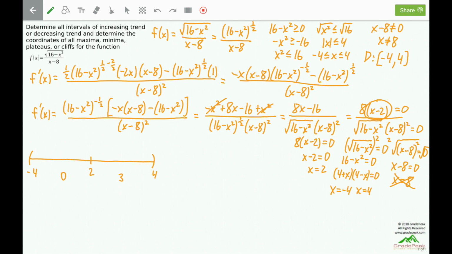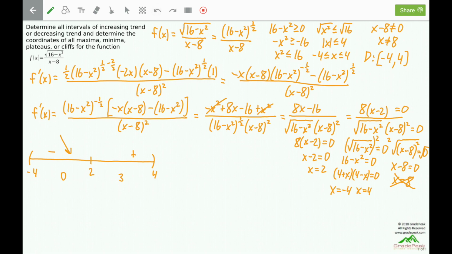Starting with the test value of x equals 0, plugging it in, 0 minus 2 is a negative number. We have a negative first derivative. That corresponds to a decreasing trend in this interval. And then plugging the test value of 3 into the portion of the first derivative that matters, 3 minus 2 is a positive number.